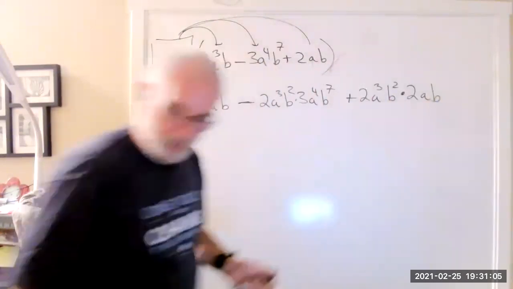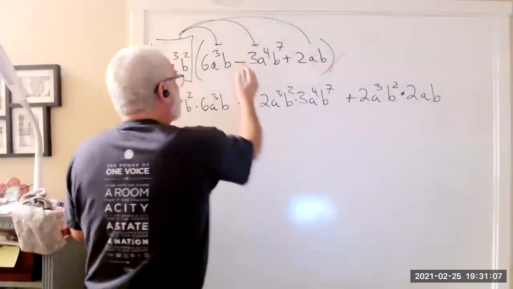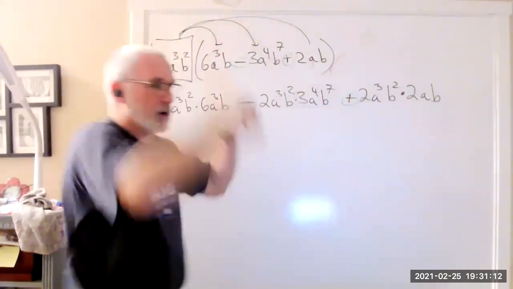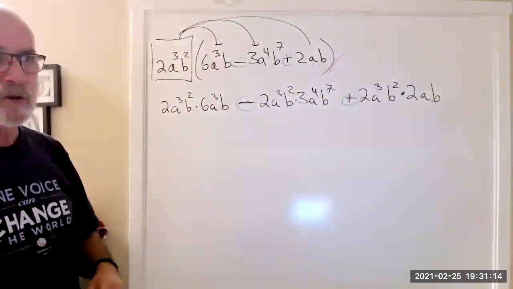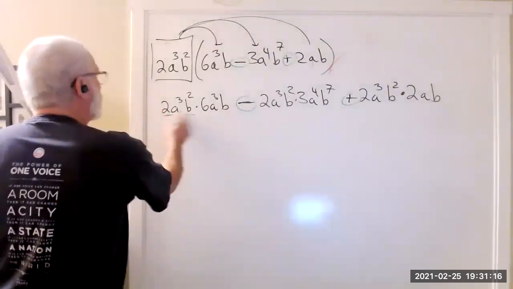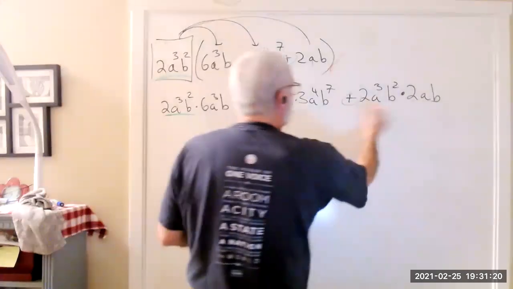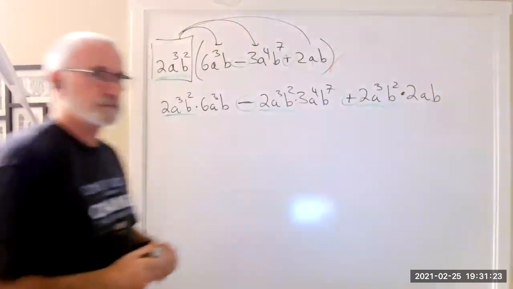Notice the minuses and the pluses from the original problem just come down, and I distributed the 2a to the 3rd b to the 2nd to each piece of the problem.